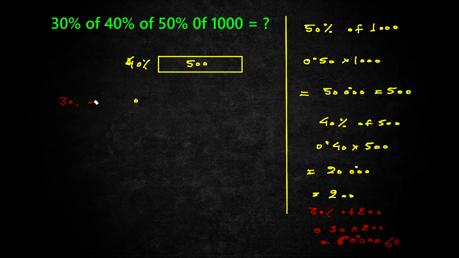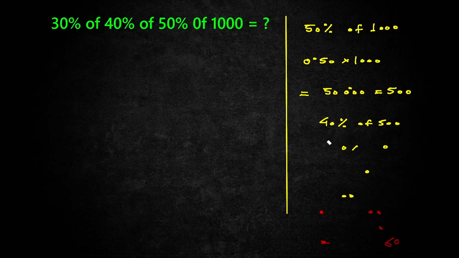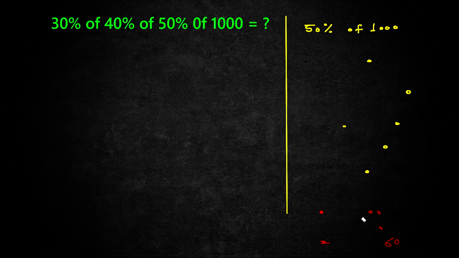Some students will do it in a little bit faster way, and that is also faster, but there's a fastest way. So we just erase all this. Instead of coming from left to right, we convert all the percentages into decimals. 30% is 0.30, and "of" means multiplication, and 40% is 0.40, and 50% is 0.50.